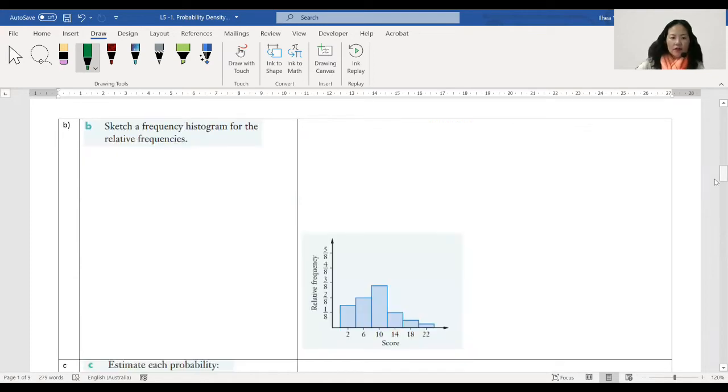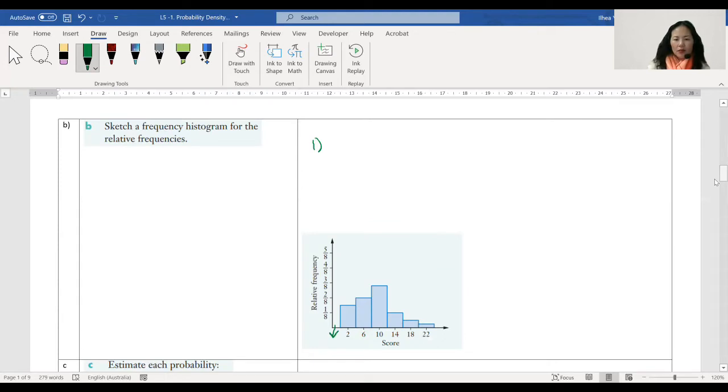Now, sketch a frequency histogram. I've got it here on the right-hand side. Remember, there's a little gap at the beginning. There's a couple of things we need to think about. First thing is score.